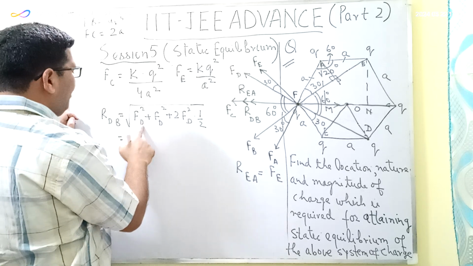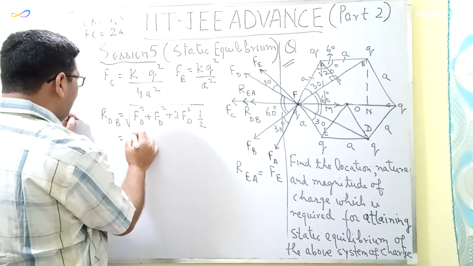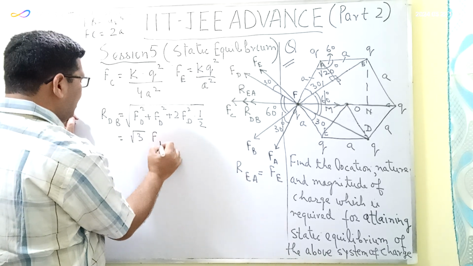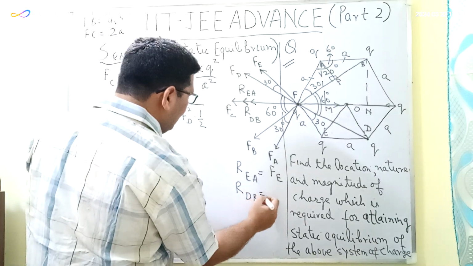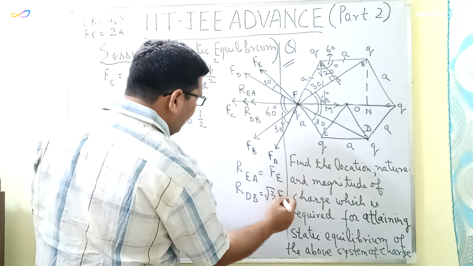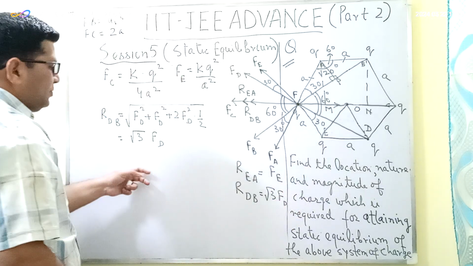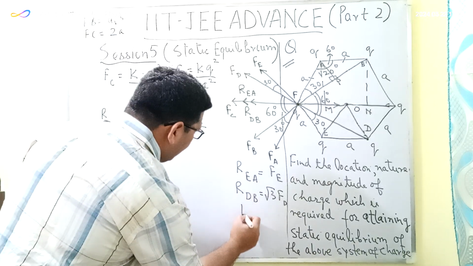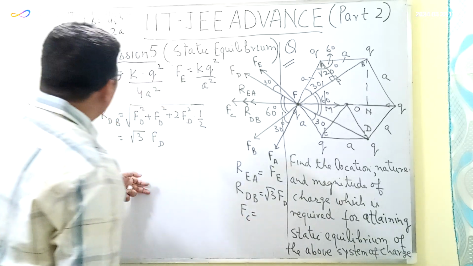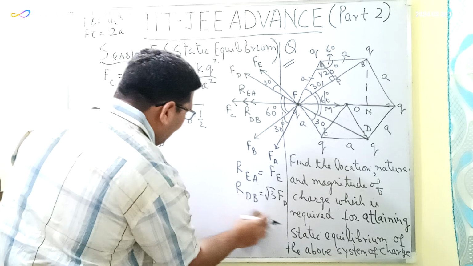So this will be equal to the square root of FD square plus FD square plus FD square. This will be equal to root 3 FD. So RDB is equal to root 3 FD. So REA, RDB, and FC we have already found.